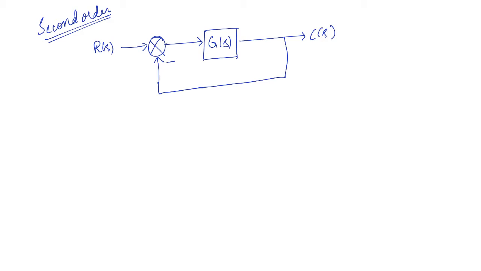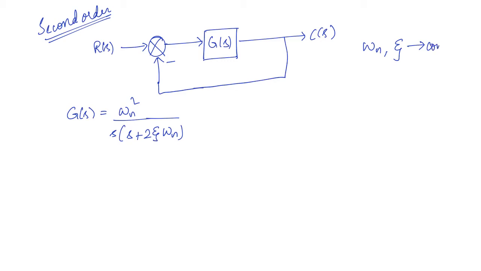Here the forward path transfer function G(s) is given by omega n square divided by s into s plus 2 zeta omega n. Omega n and zeta are some constants of the system. You don't have to worry about what these constants are right now, we will discuss them later. Presently you just have to remember that they are some constants.